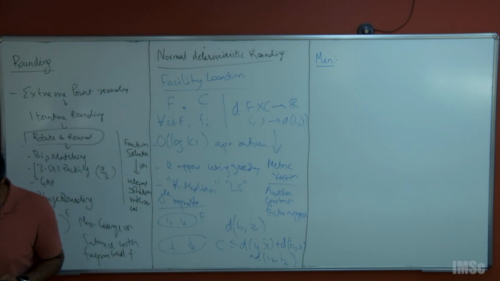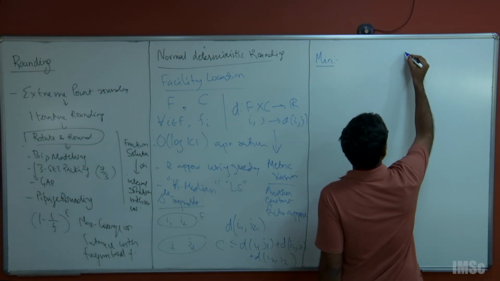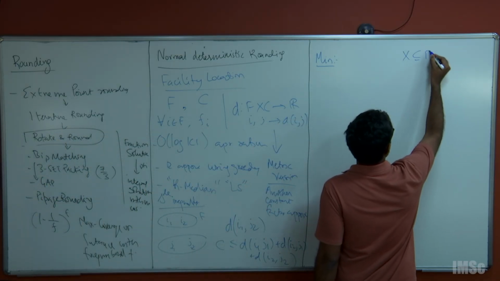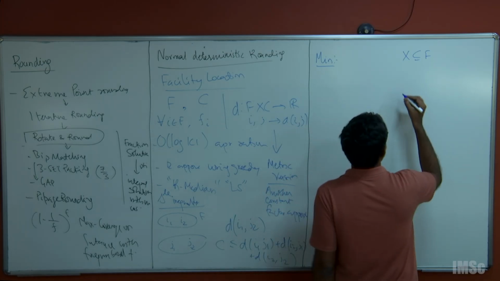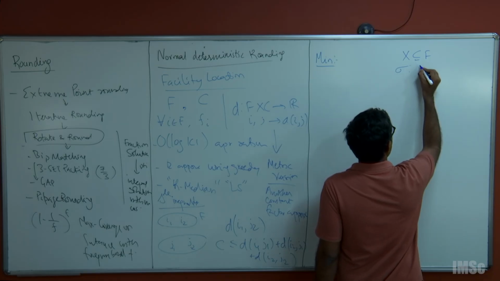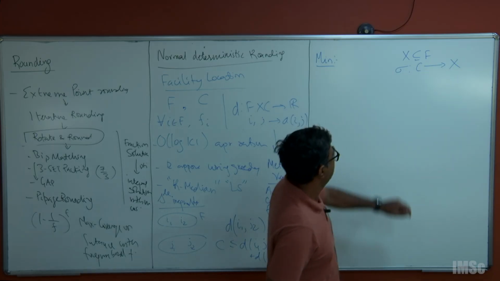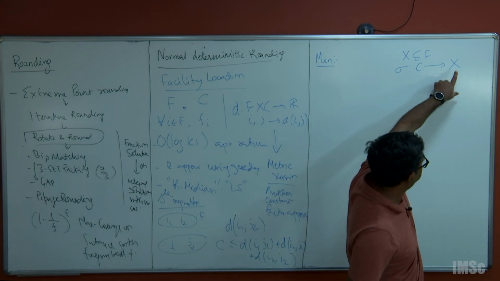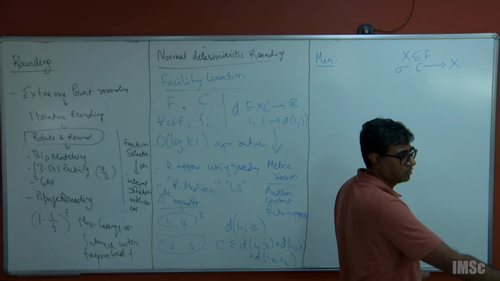So I want to choose X, a subset of F, and there is no cardinality constraint. The moment I have X, I have a function sigma from C to X, which tells us which facility a particular customer is served by, and that is whichever is the minimum distance.